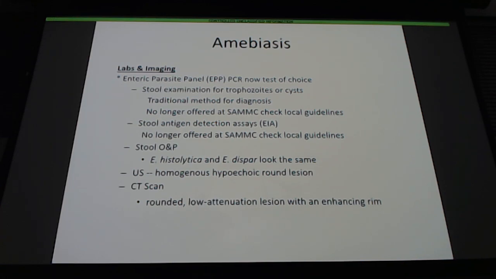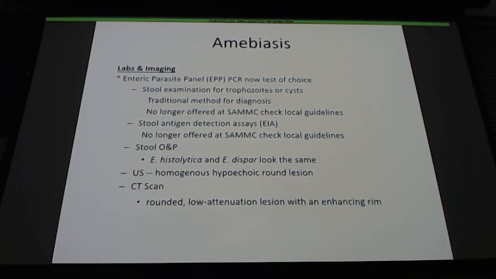So you don't have to worry about other stuff. In which case, you can still do a stool antigen or EIA, or EIA or ELISA for blood serum. Your IgG will kick in for extra-intestinal stuff.